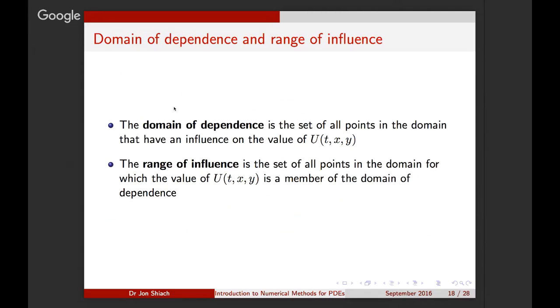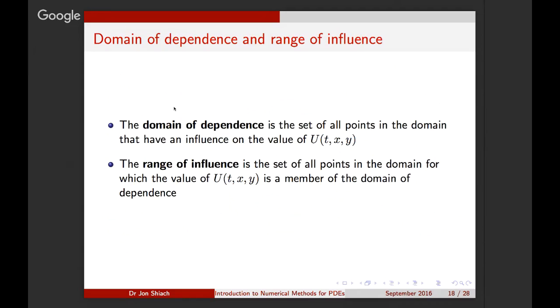The domain of dependence is the set of all points in the domain that have an influence on the value of the solution at this point. So if a change in the value at another point affects that point, then the point we were changing is in the domain of dependence.